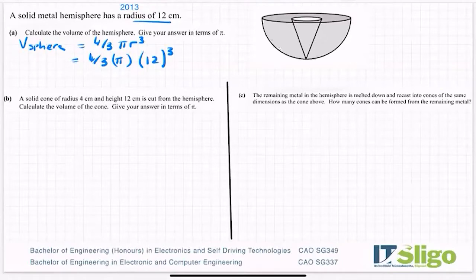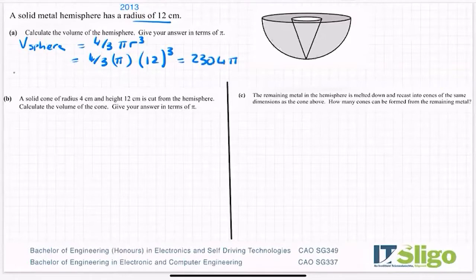So 4 over 3 by pi. Shift, you see the by 10 to the x button down the bottom, that's where pi lives, then by 10 cubed. And cubed is up the top under the alpha button. And I am getting for that 2304 pi.